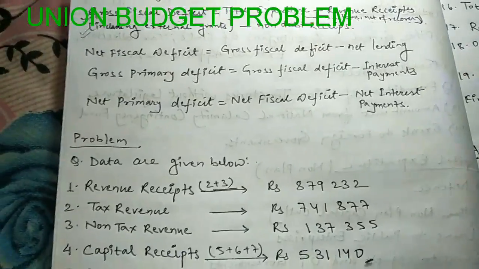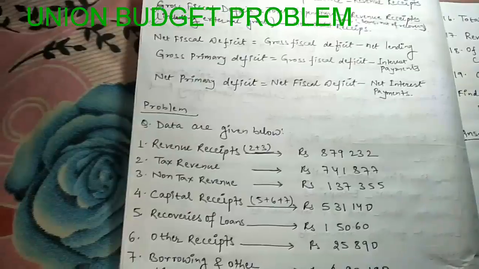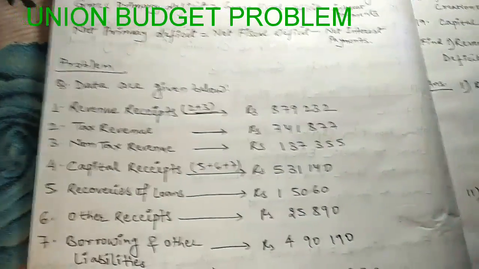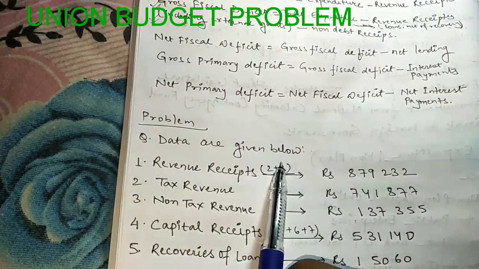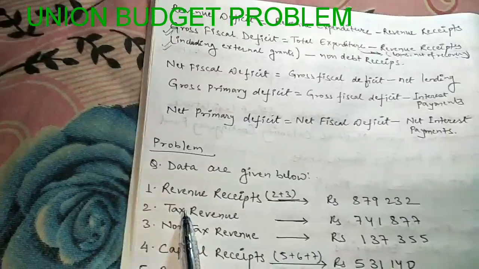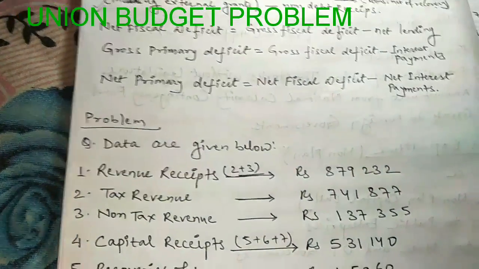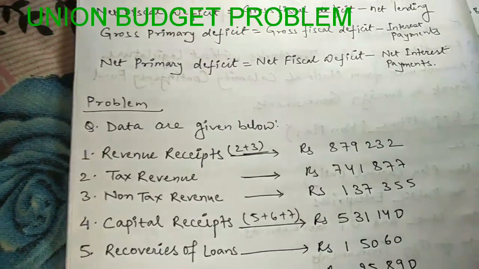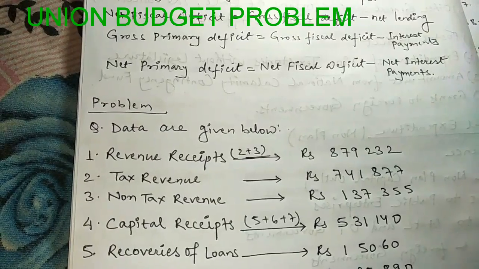Now I am going to discuss the problem part, and how I will solve all these problems. It is very easy. The data are given below. I made these problems myself. Revenue receipt will be given as rupees 8,79,232. Tax revenue 741,877.